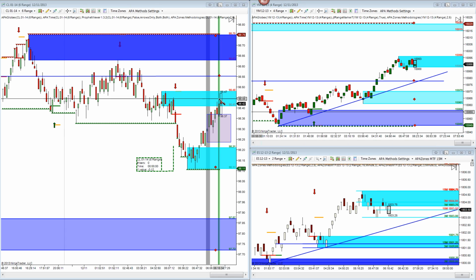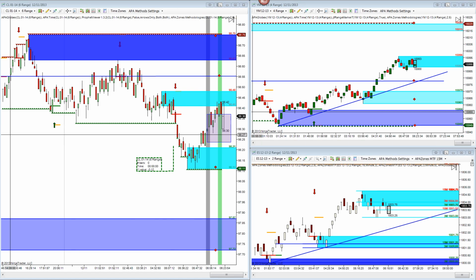Let's see if it breaks this zone here. Kind of interested to see what will happen. But I'm just looking at an uptrend here on a 1 minute, but it's hard to draw on the tick chart. Well, there's a failure to break the high.